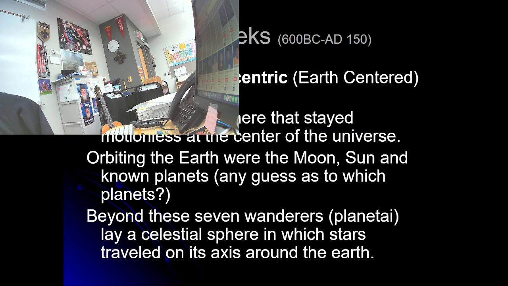But they believed that the stars, the sun, the moon, and all the planets went around us on this great big thing called a... Anybody remember the name of it? Nope. This will be on the test, so be ready for this. This is called a celestial sphere. So all the stars were attached to this celestial sphere.